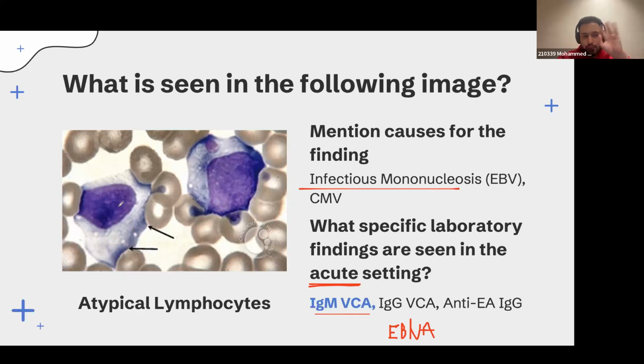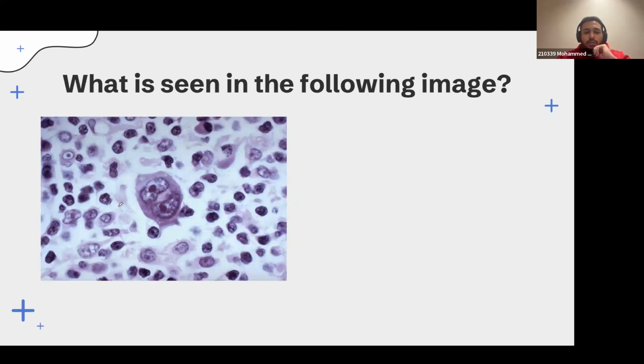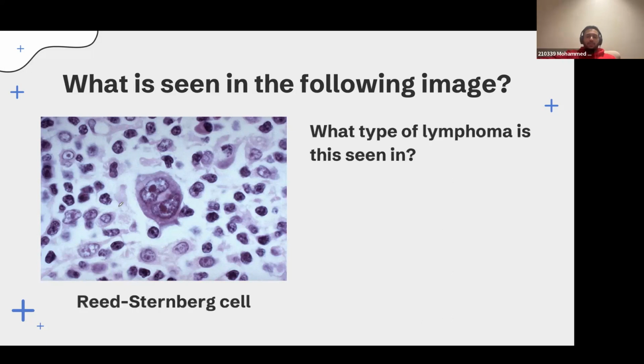Now, there are 2 very, very high yield pictures in oncology. This is number 1. What finding do you see here? Reed-Sternberg cell. Perfect. What type of lymphoma is this seen in? Hodgkin's lymphoma. Perfect.